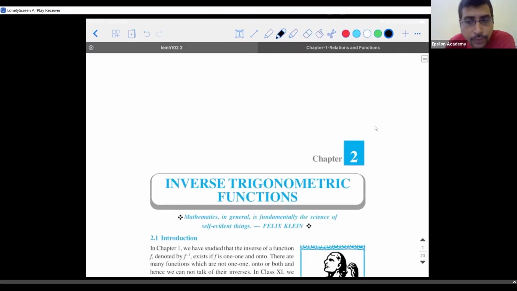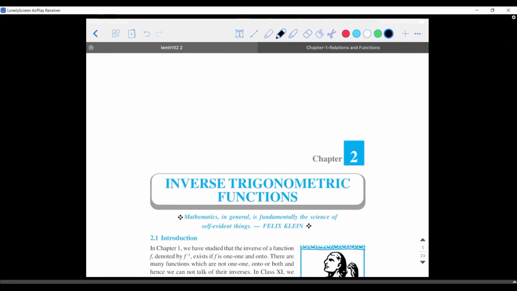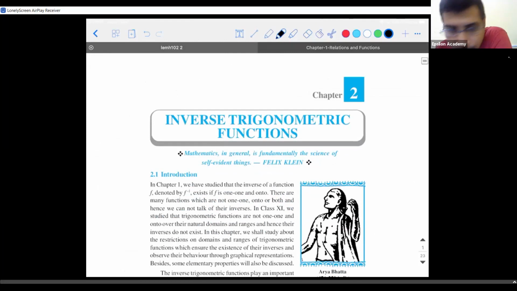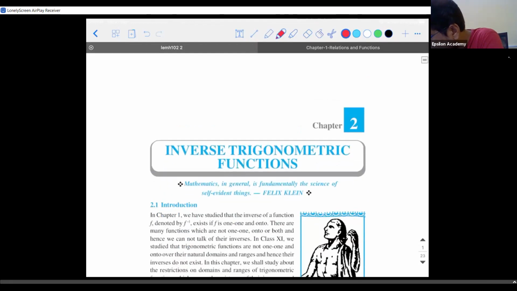Is there any other doubt from relations and functions that you people have? No, sir. Oh, good. So, as the name of the chapter suggests, it is inverse trigonometric functions. Why am I not able to write?